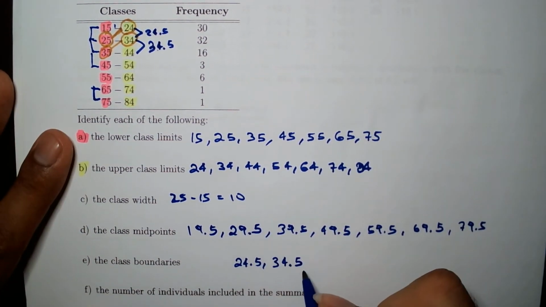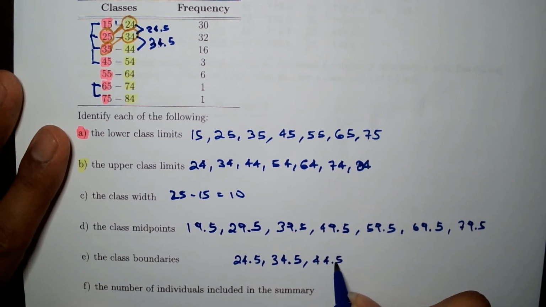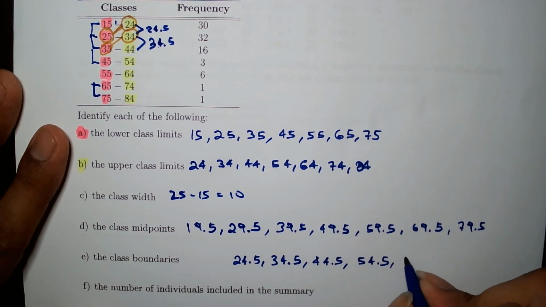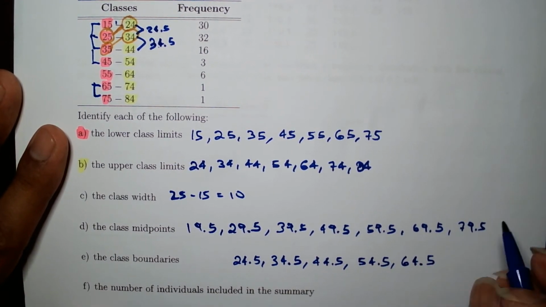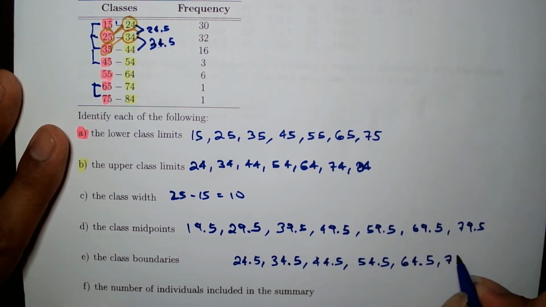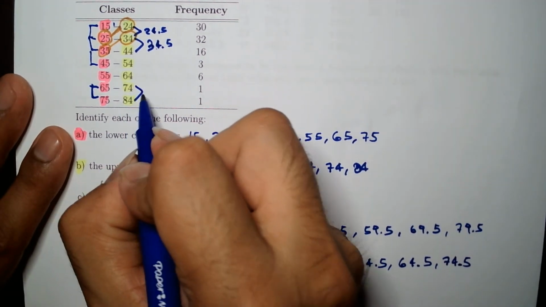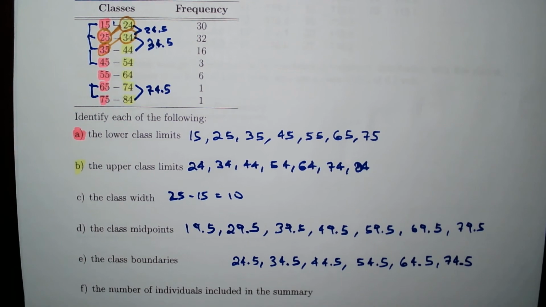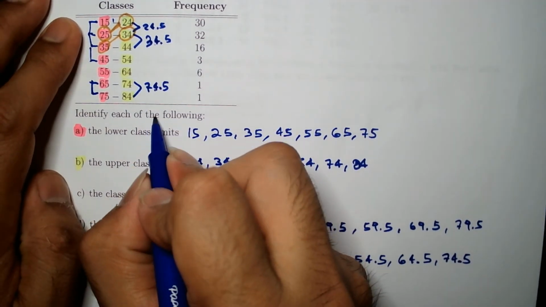So just add 10 units to all of this. So that's going to be 44.5, 54.5, 64.5, and 74.5. All right, this is where the 74.5 is.